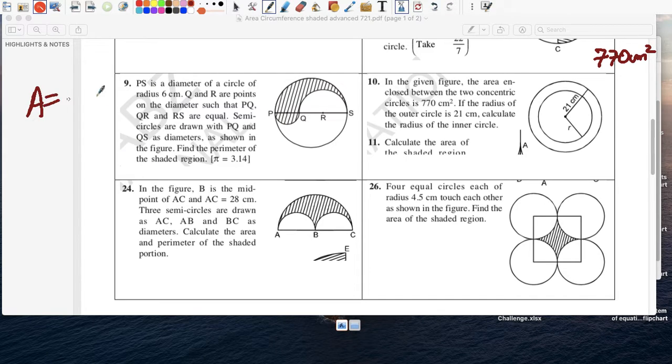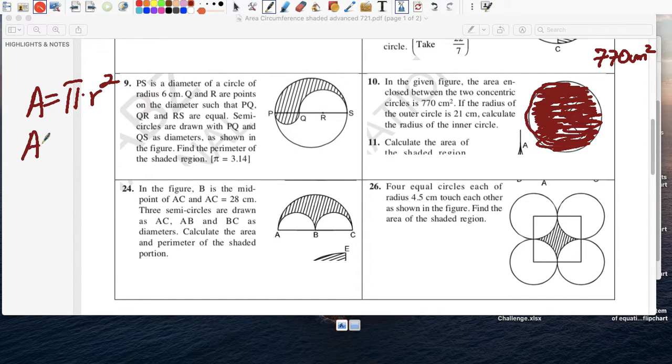So the area of the big circle. Let's find the area of the whole circle. Let's see what the red paper originally looked like. You cut a construction paper, it was color red, and that's what you have. So what was the area of that? Well, A equals pi r squared. They told us the radius was 21, so it's pi times 21 to the second power. 21 times 21 equals 441.